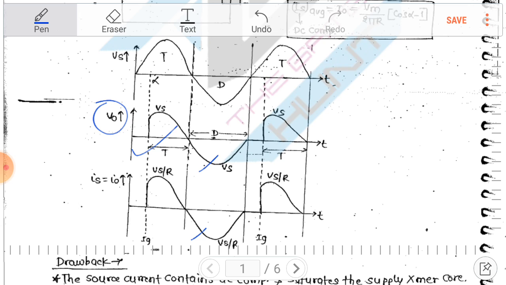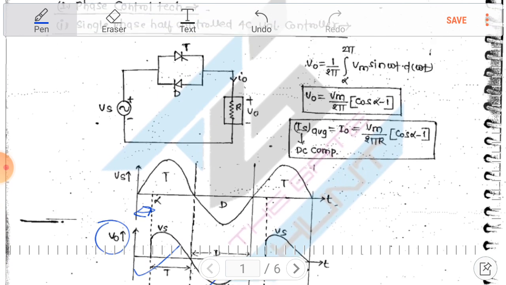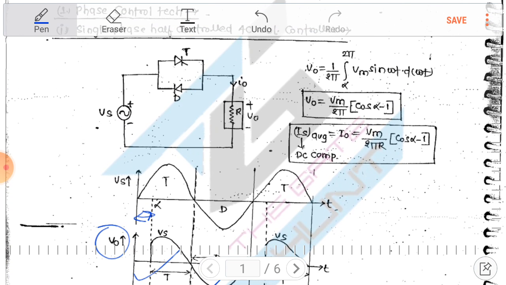Only output voltage waveform at positive cycle is clipped off from 0 to alpha. Alpha is the angle up to which we have to chop the voltage waveform using the thyristor gate pulse. When we apply the gate pulse, our thyristor will switch on. Before that, our voltage will be chopped.